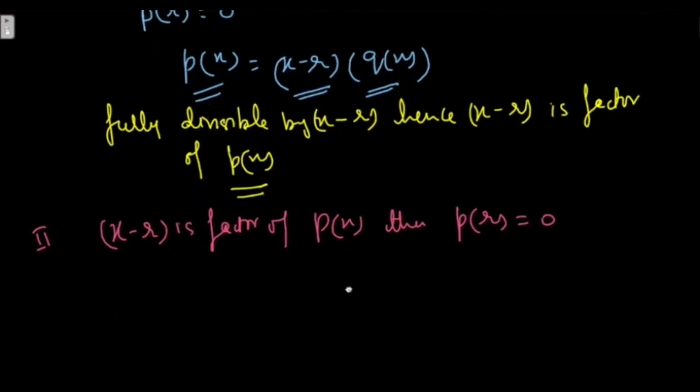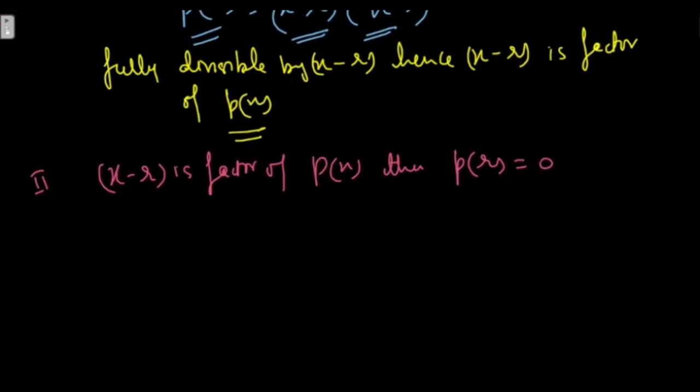Again, it is very simple. So we can write p of x is equal to x minus r into q of x plus p of r. Again, this comes from our remainder theorem.